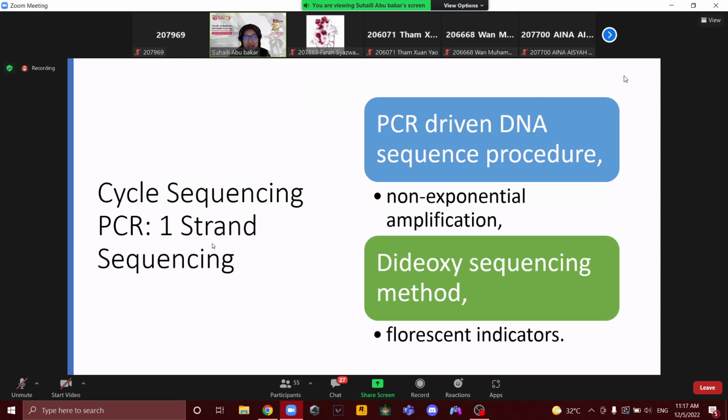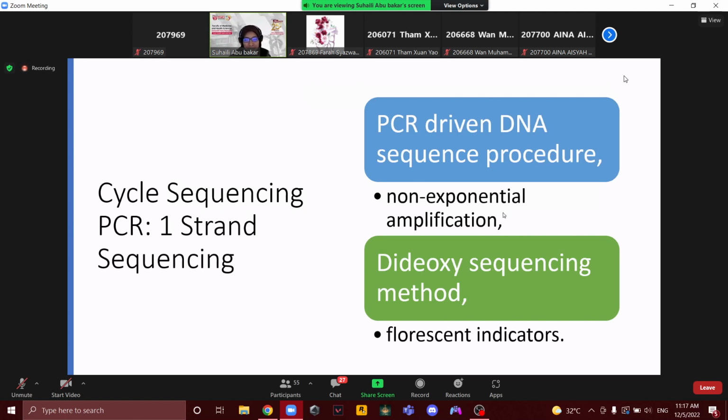This one is a little bit different from the standard PCR. The PCR driven DNA sequence procedure is non-exponential. Dia tidak menaik. Kenapa tak nak menaik? Sebab kita tak nak amplify lagi. We want to read only. We don't want to amplify the PCR product anymore. We just want to read. So this PCR uses first strand only.